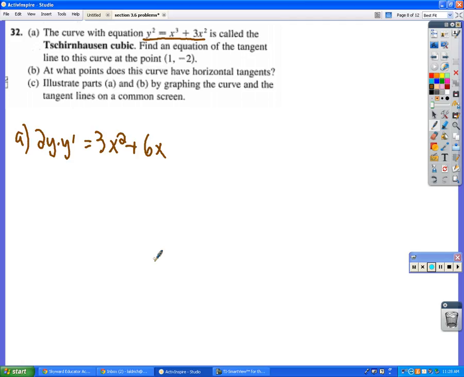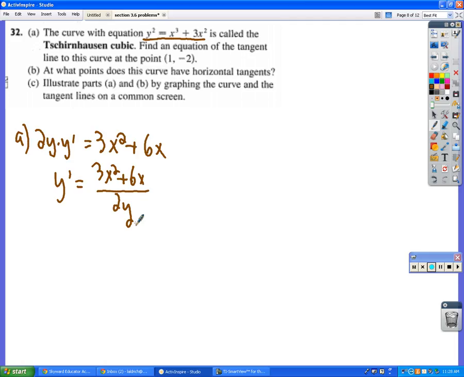This one I'm going to go ahead and solve for y prime before I plug in the numbers because it's so easy. So y prime is equal to 3x squared plus 6x over 2y. Yeah, there's some simplifying we could do there, but we'll get to that later.